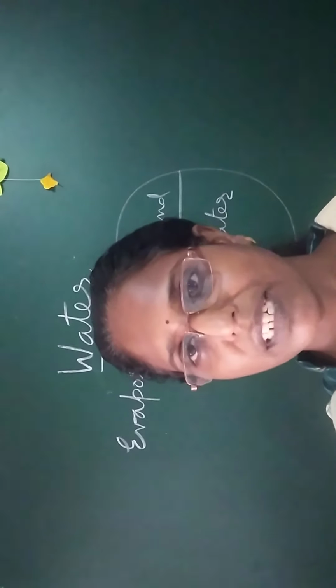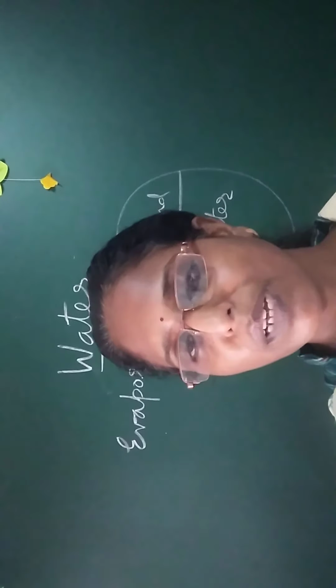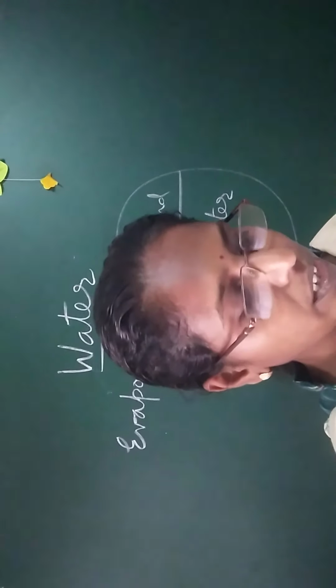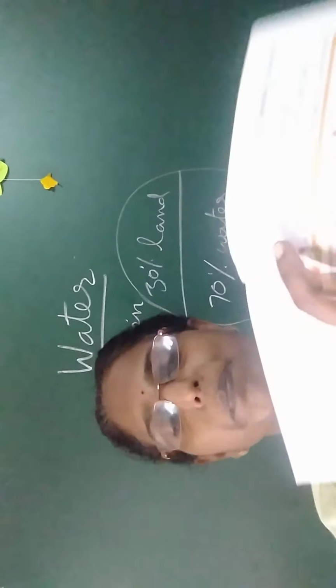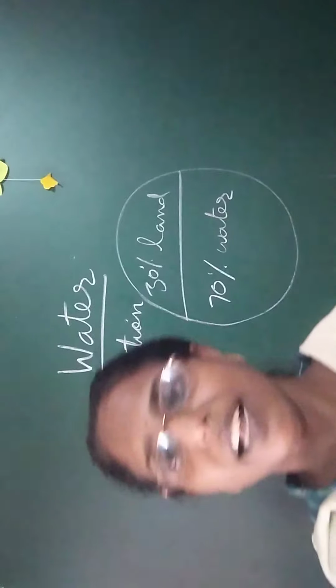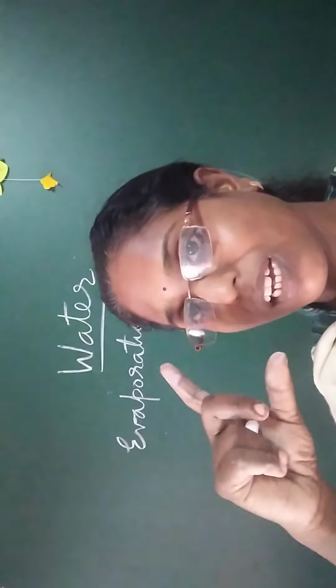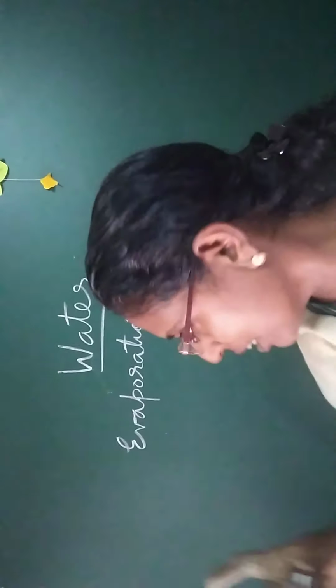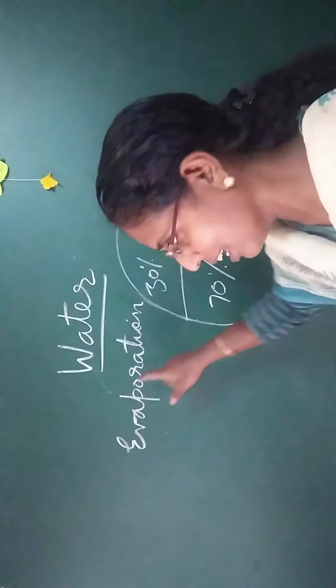What is evaporation? The change of water into water vapor on heating is called evaporation. The process of change of water on heating into water vapor is called evaporation. All of you underline this and learn what is evaporation. If the evaporation increases, the amount of water vapor in the atmosphere increases, as we learned yesterday.